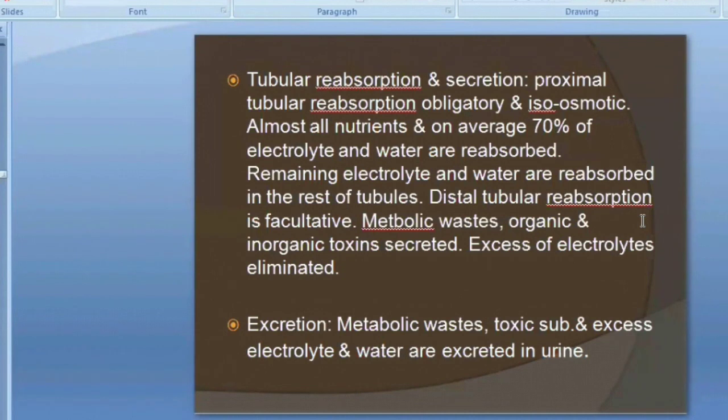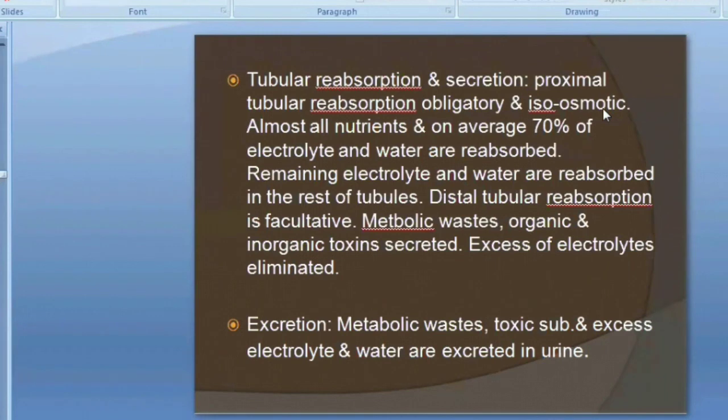Proximal tubular reabsorption is obligatory and isoosmotic. Obligatory means the absorption here is not affected by any factors including hormones. There is no influence of hormones in the tubular reabsorption in proximal tubules. That's why proximal tubular reabsorption is obligatory.